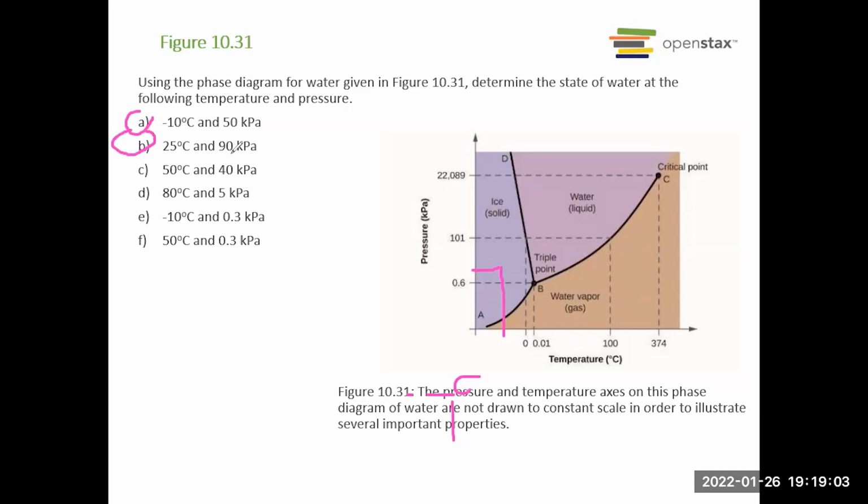25 degrees Celsius and 90 kilopascals. Okay, so liquid. That's probably not 25, that's probably more like 20, right? Okay. So what is the next? 50 degrees Celsius and 40 kilopascals.